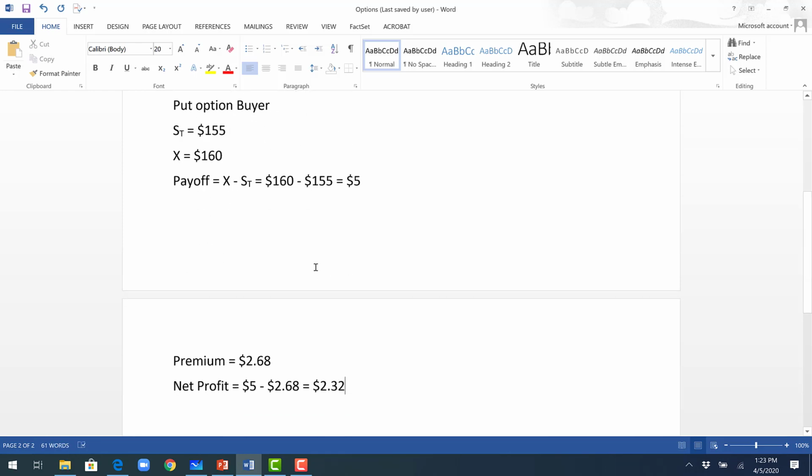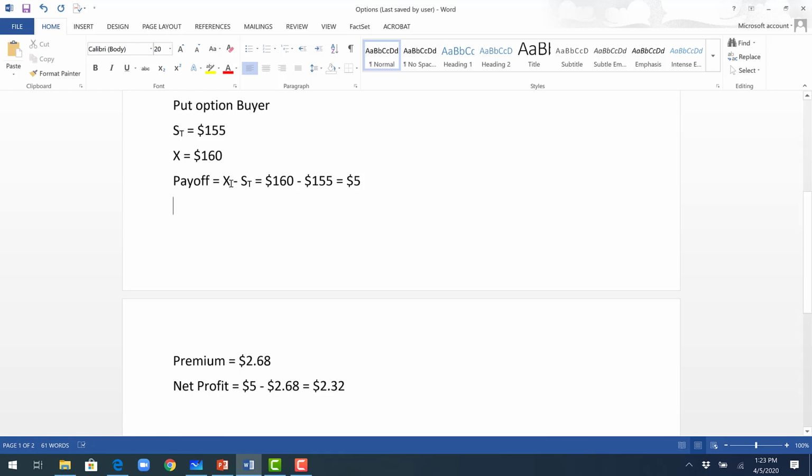Again, just like the call option, the put buyer has the worst case scenario where the buyer loses the entire premium, and that would be the best case scenario for the writer. In case of a put option, that would happen when the stock price is 160 or higher at expiration, right? So again, the buyer's payoff is X minus ST if X is greater than ST. Otherwise, the buyer's payoff is 0 if X is less than ST, because at that point the buyer is not going to exercise the put option.